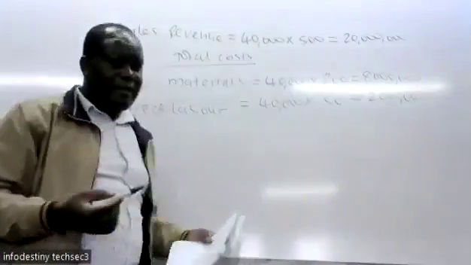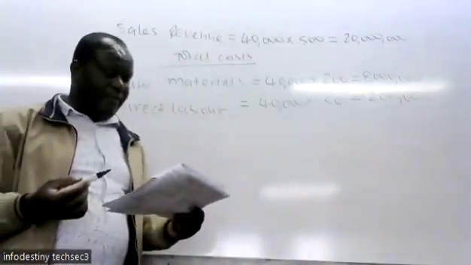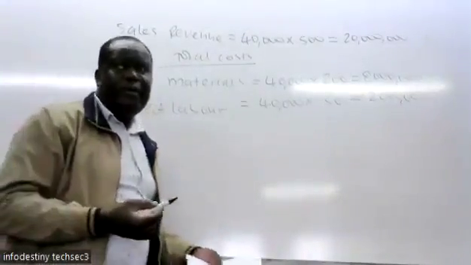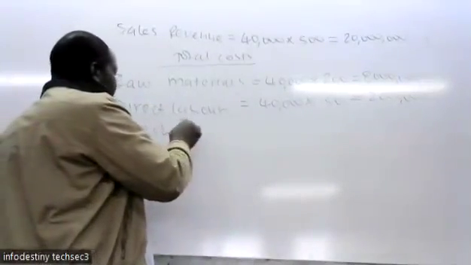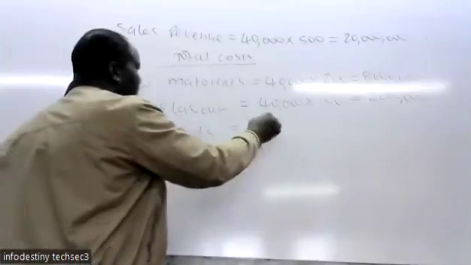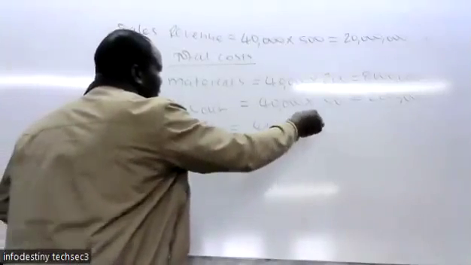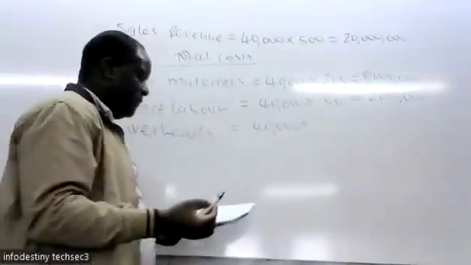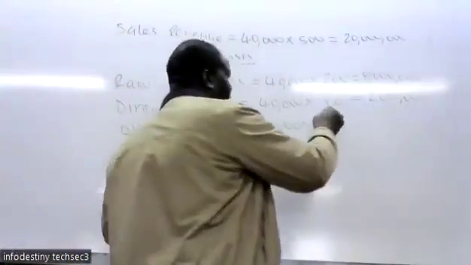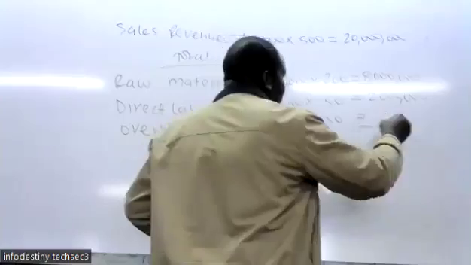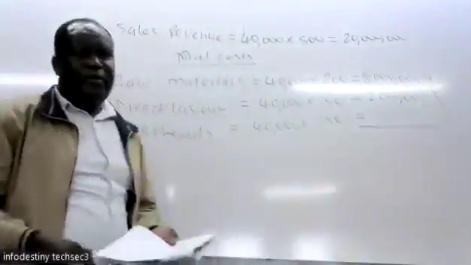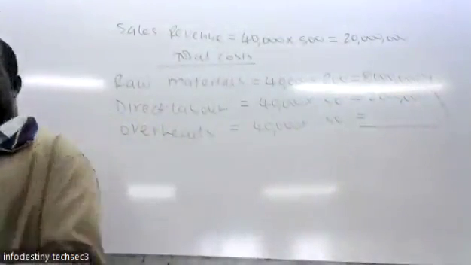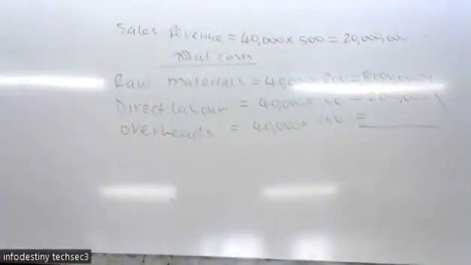Then the last one is the variable overheads, also 40,000 multiplied by what? So you will add these 3 items together. That's right.